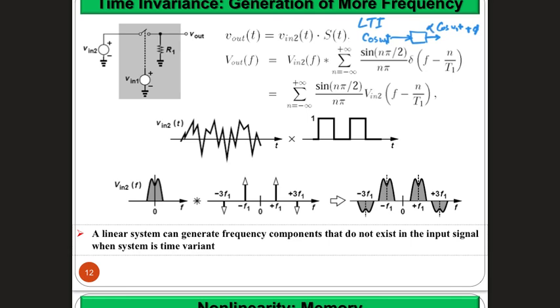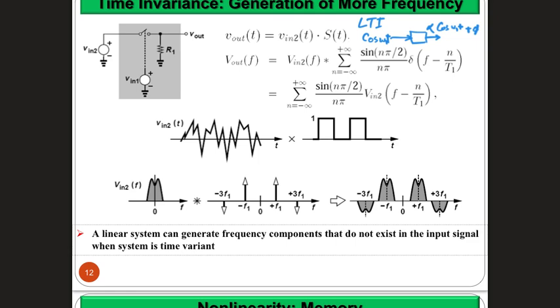If the system is linear time invariant, no matter what you do, if you put an input which is a single cosine, you will get at the output the exact same cosine at the same frequency, but it might experience some phase shift and some amplitude variation, okay? But you are not going to get any other frequency at the output.